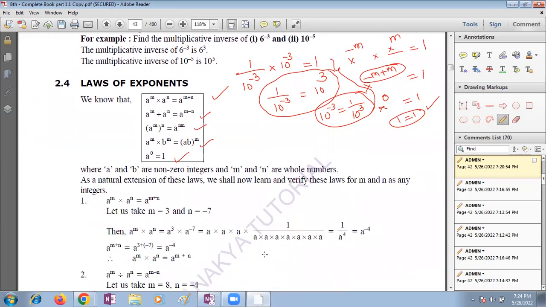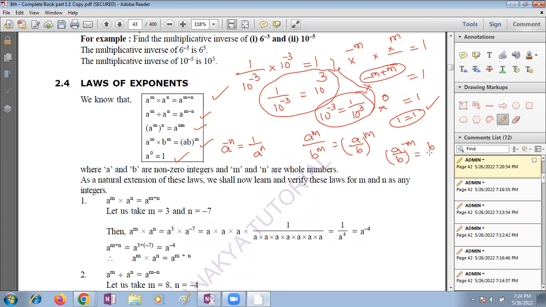Not only this, children, we have some more: a power minus n, which we discussed just before. And we have a power m divided by b power m, which is nothing but a by b whole power m. Very good. If I write a by b whole power minus m, take the reciprocal of this fraction.